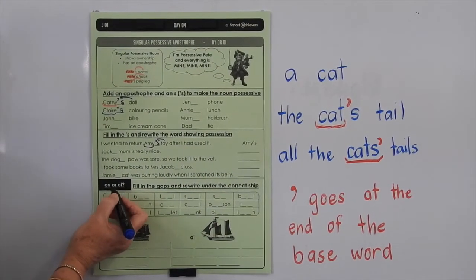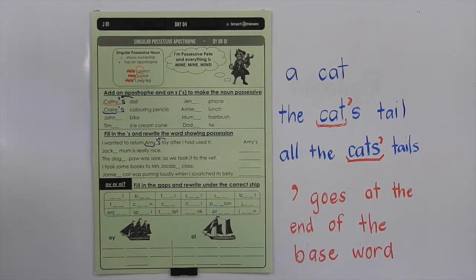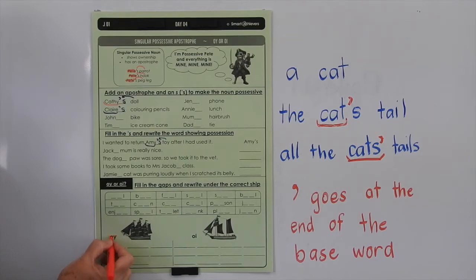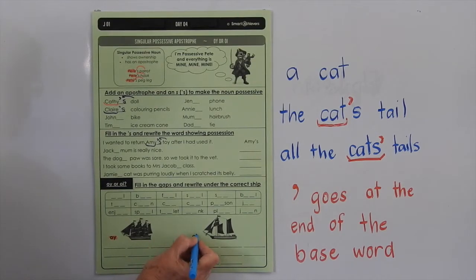Down the bottom here it says oi or oy. Now you probably have worked out that we can use OY at the end of a word or syllable, and we can use OI at the start or in the middle of a word.